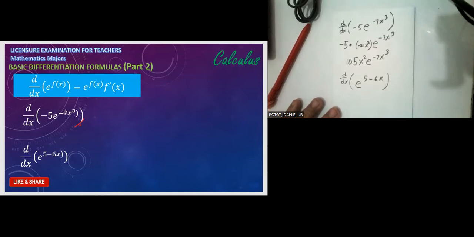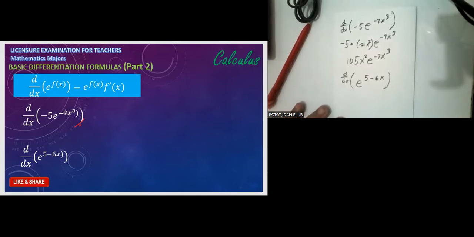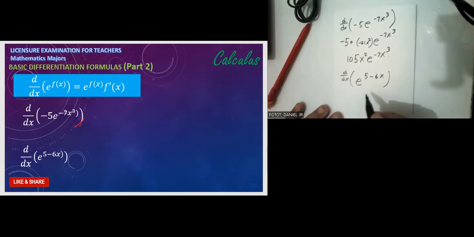But I can guarantee that as long as you follow this formula, you don't get confused. It's extremely simple. So you have e to the 5 minus 6x, you simply copy it, and then you take the derivative of the power, which is negative 6. And that is now the final answer.